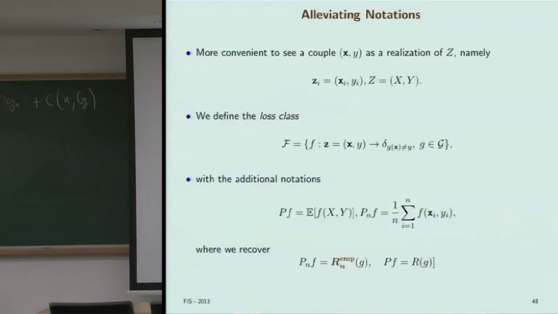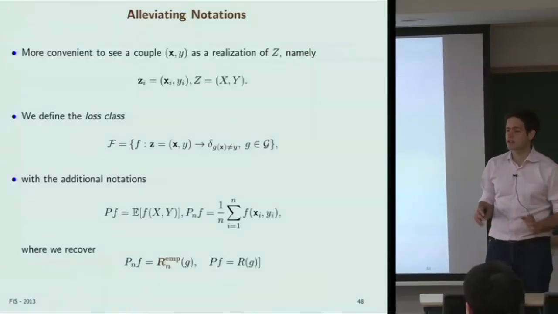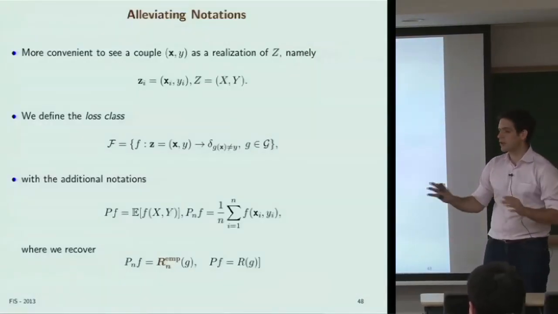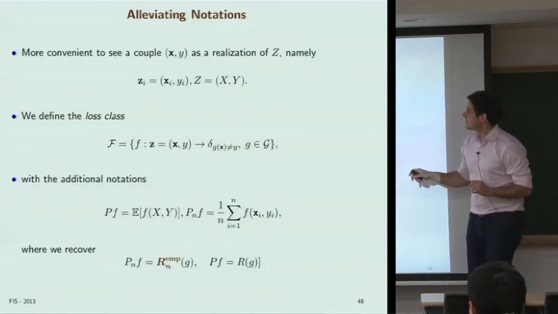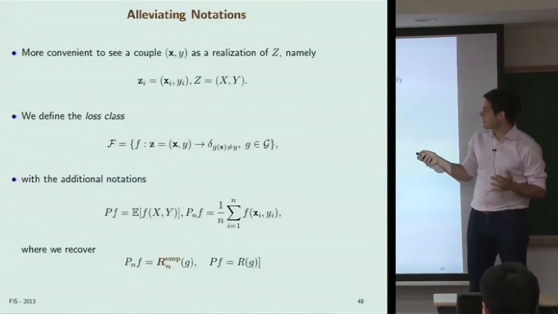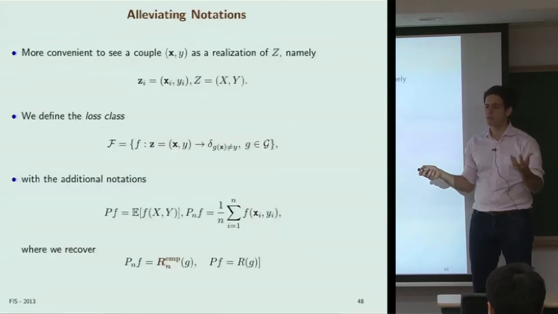So here I'm just laying the foundations for next week's lecture. So I just want to clarify some notations. So I told you that every observation in itself is a realization from a random variable. And that random variable can be split between x and y. Okay.